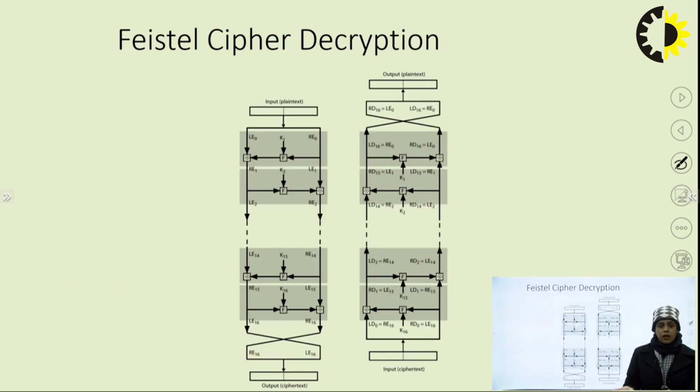As we have already discussed the basic structure of the Feistel cipher, now I am going to talk about the actual encryption and decryption part for it. You can see over here, the input is there. Again, we are going to divide this input into two halves, left and right half. Here we are not showing the actual number of bits because the number of bits can vary.